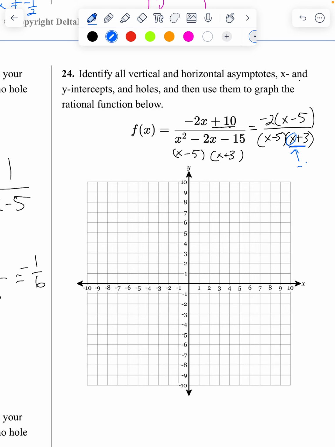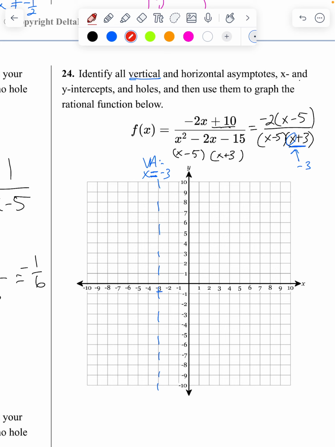And if x was negative 3, it would make 0 down here. So I know where x is negative 3, there's going to be an invisible vertical asymptote. So x equals negative 3. The graph will not touch that. So that'll take care of the vertical.